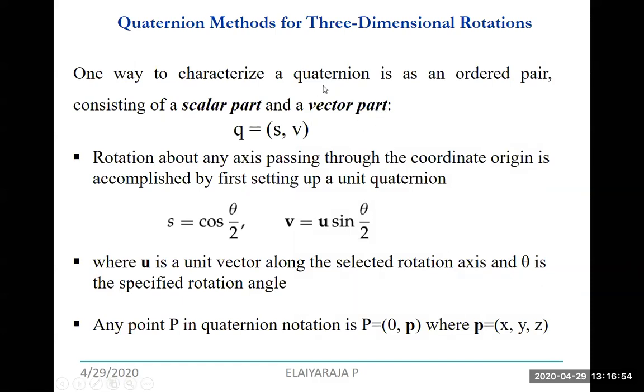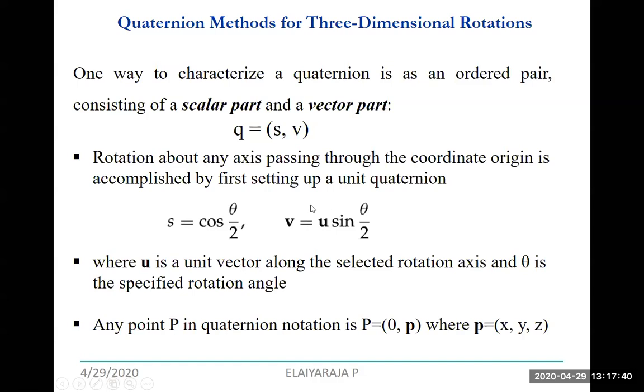The rotation about any axis passing through the coordinate origin is accomplished by first setting up a unit quaternion, where the scalar part is cos theta by 2 and the vector part is the unit vector times sin theta by 2.